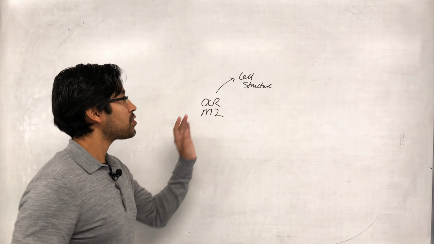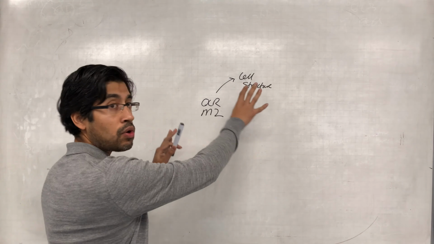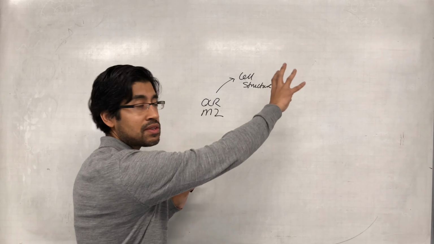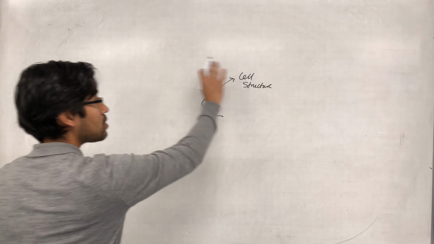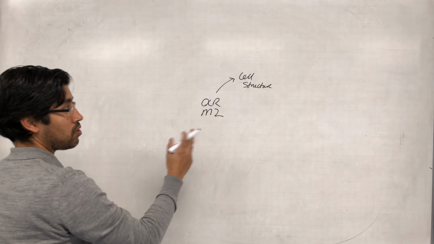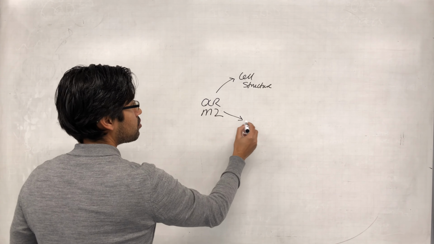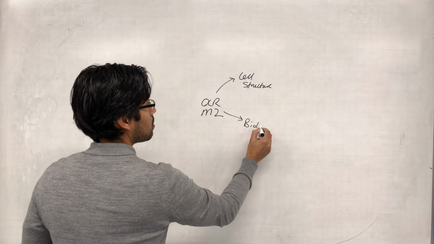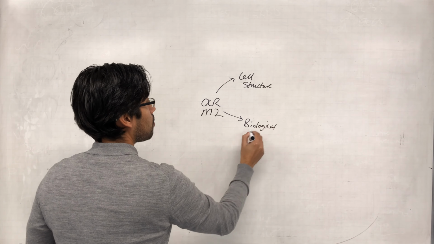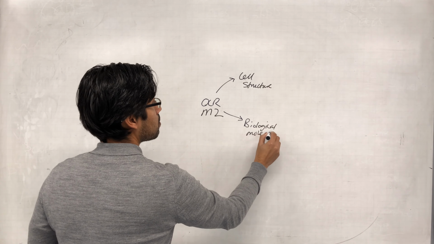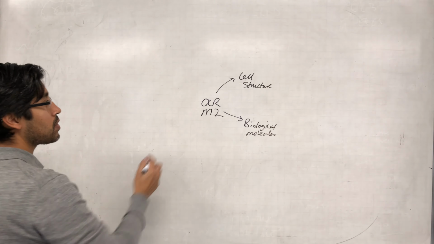Okay, so we got cell structure, but I'm not going to start filling all this detail in now. What we're going to do is look at the whole content of Module 2. So next, after cell structure, we have biological molecules.